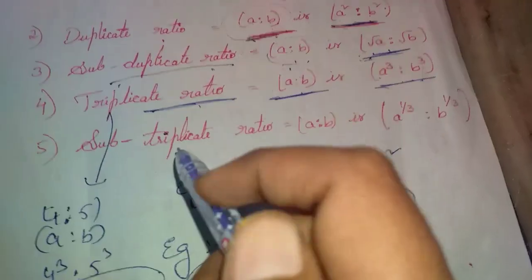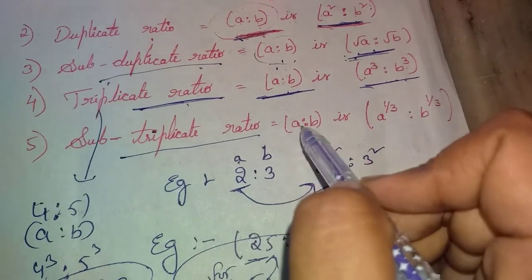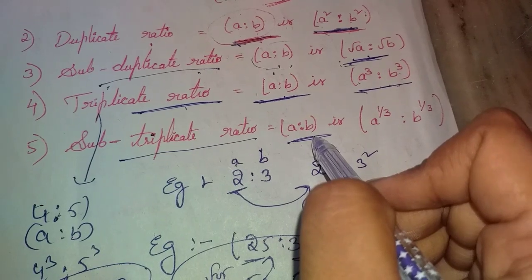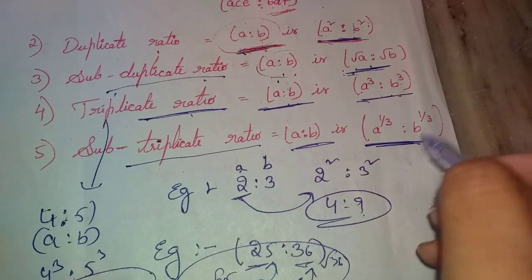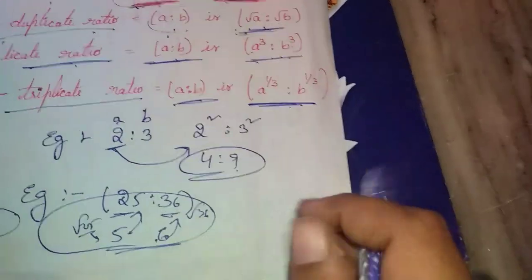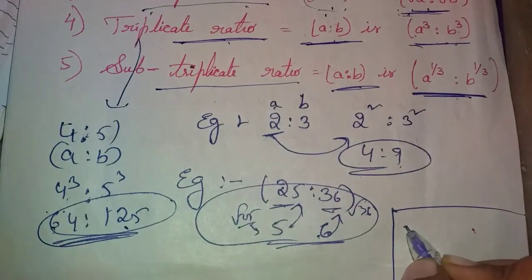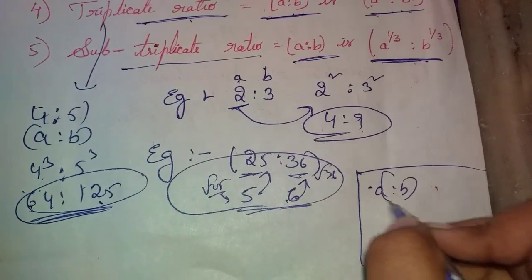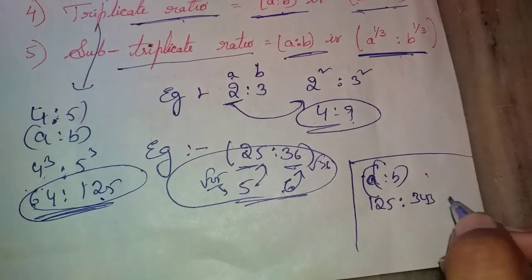Now coming to subtriplicate ratio. If the given numbers are in the ratio, then the ratio of their cube roots. For example, value taken A is to B, means 125 is to 343.